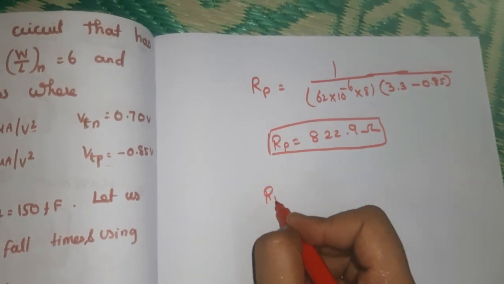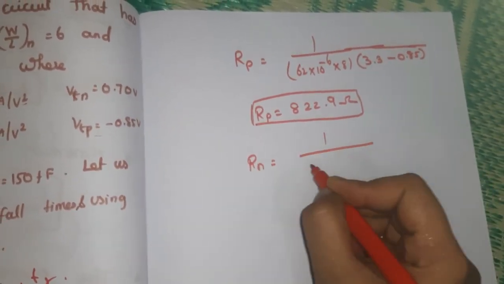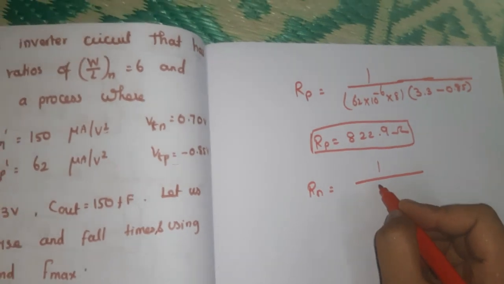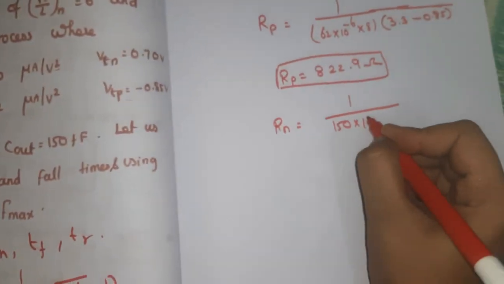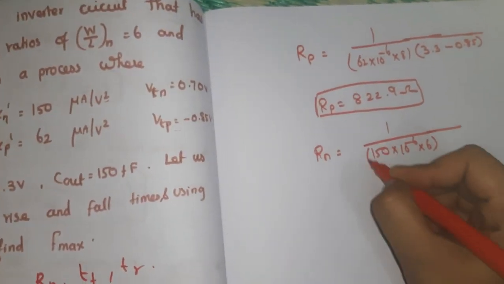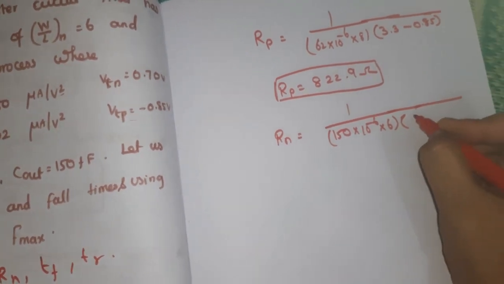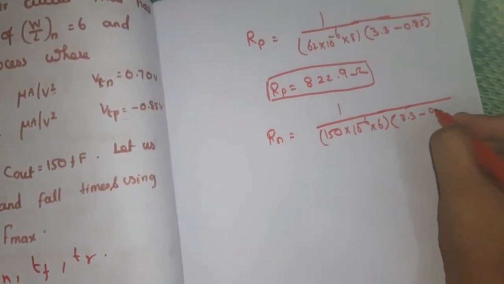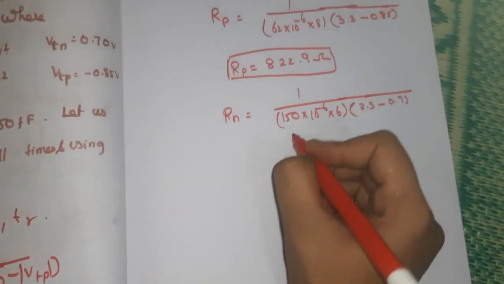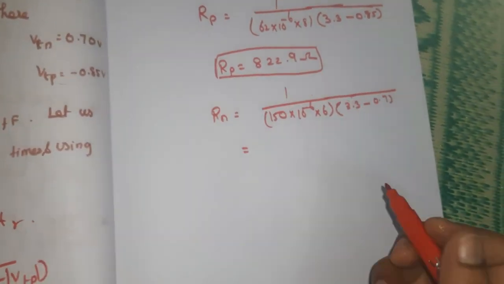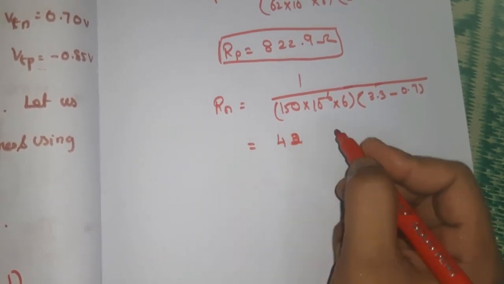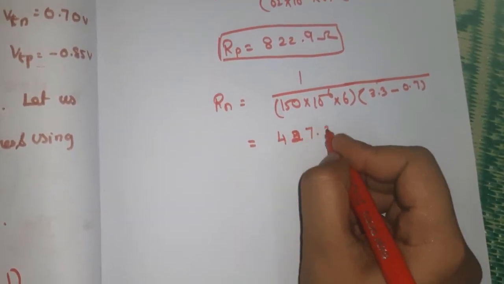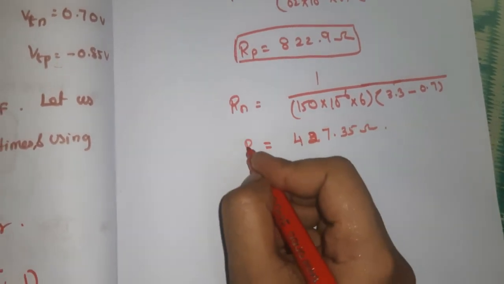Similarly Rn is equal to 1 divided by beta n, that is 150 into 10 to the power minus 6, and W by Ln is 6, and also VDD, that is 3.3 minus 0.7. So solving this, we will get 427.35 ohm. So this is Rn.